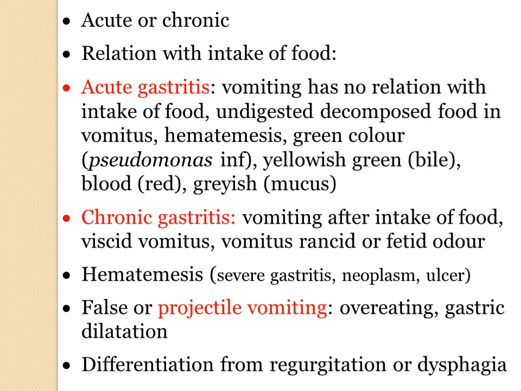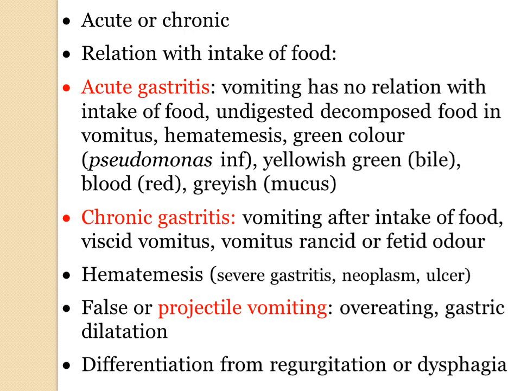If the vomitus is yellowish green, it suggests the presence of bile, that means vomitus has come from the duodenum. If there is presence of blood, vomitus looks red. If vomitus is grayish, it suggests plenty of mucus secretion. So in this way, we can diagnose acute gastritis and treat accordingly.